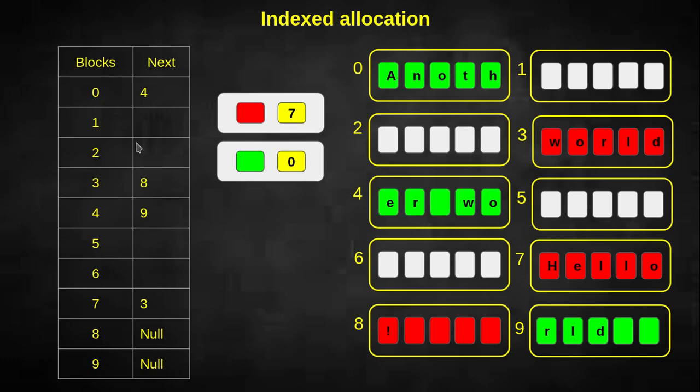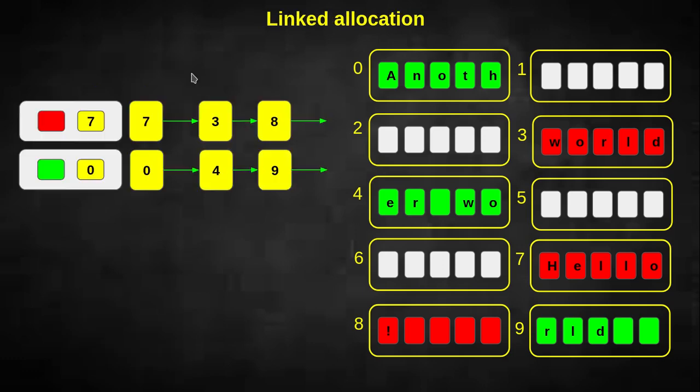The second technique is linked allocation. In index allocation we were using a hash map where the block is the key and the next block is the value. But in linked allocation, we use a linked list, rather than a hash table or hash map. The same thing applies: the file just has the starting block.